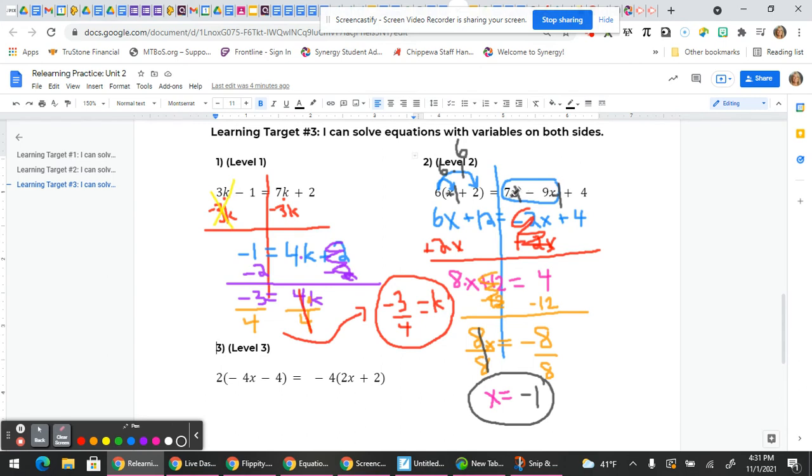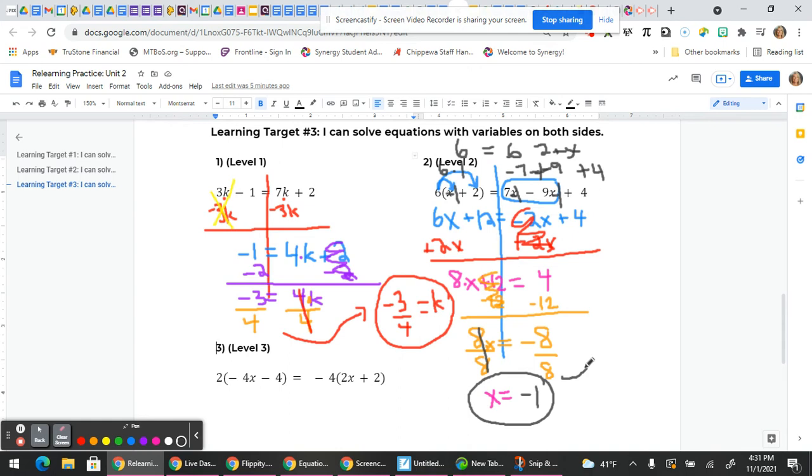Here I've got negative 7 minus a negative 9, all of that plus 4. So got a little bit more work to do here. I know subtracting a negative is going to be adding. So negative 7 plus 9 is 2. 2 plus 4 is 6. Oh yes, they are equal. So we are good to go on that one.